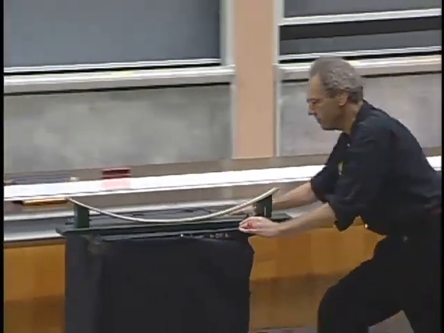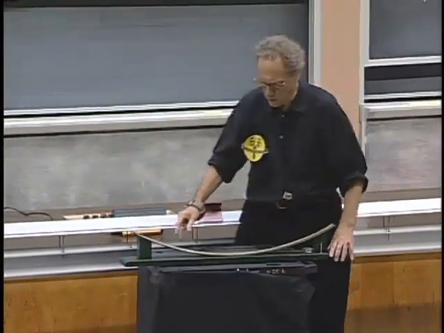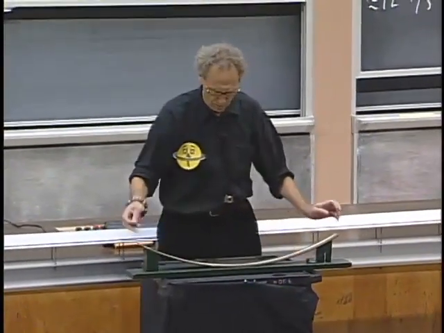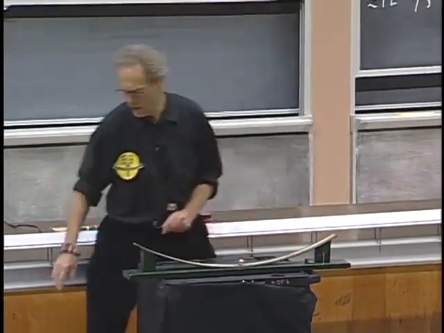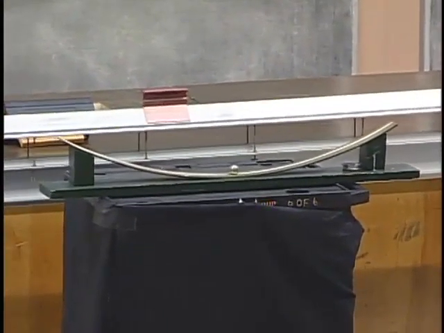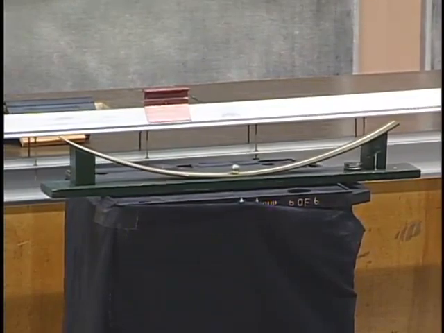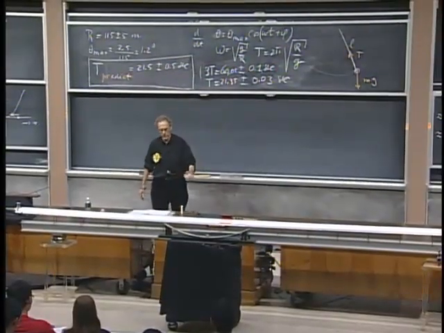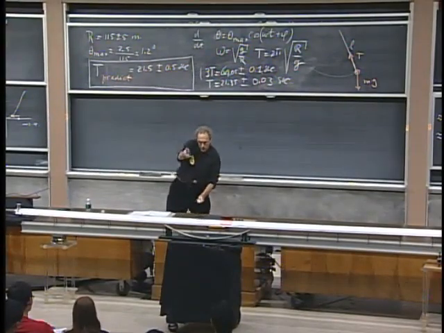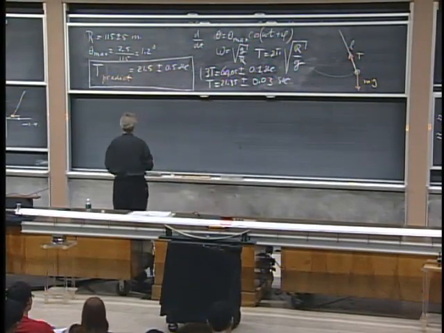This is an arc. Not unlike this one, there's a little bit more friction. And in this case, the radius is 85 centimeters. So, we can calculate what the maximum angle is. Radius is 85 centimeters, and the arc to the edge is about 20 centimeters.